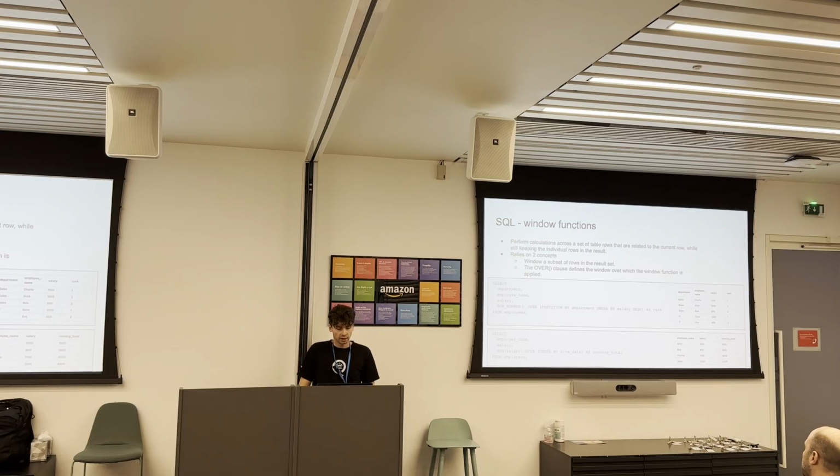In this case, we have our data for employees. They work in specific departments and they have their own monthly salaries. If we were to rank them by salary, but within a department, we would have to prepare something like this.